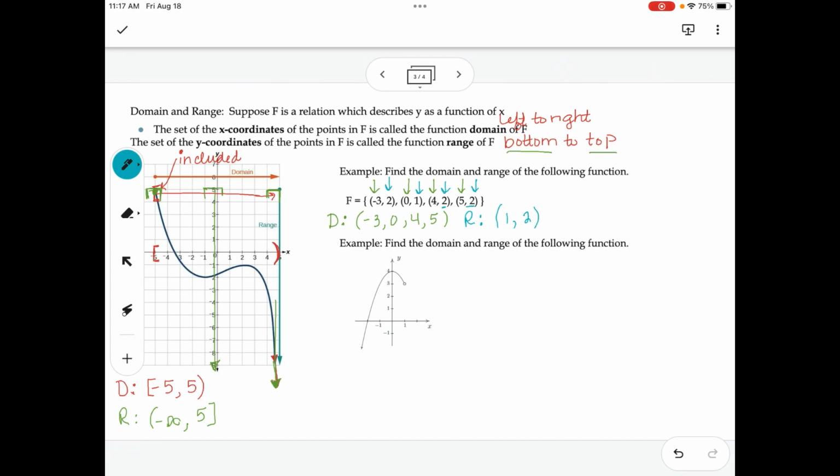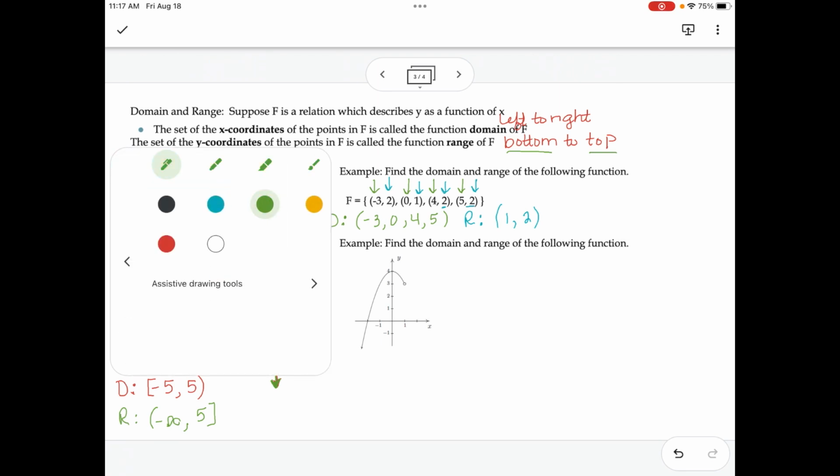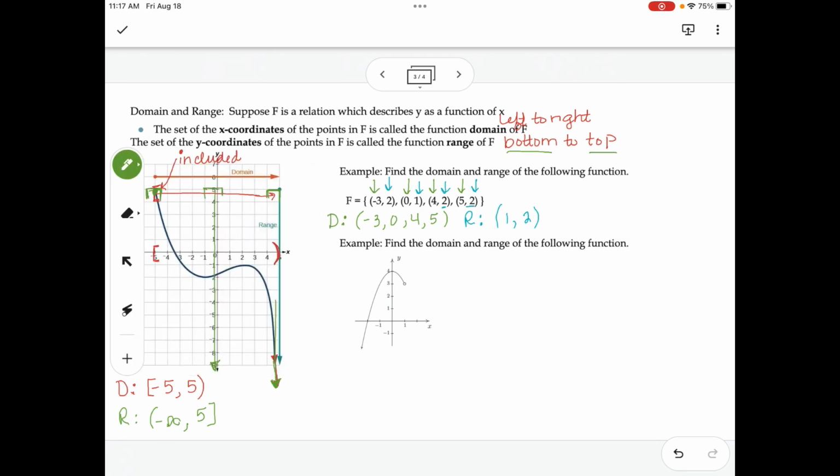Here's another picture, another graph where we have to identify the domain and the range. So our domain, again, is the set of x values. So if I look here, this graph is not only going down forever, but it's also going to be going down into the left forever. So when I'm thinking about my domain, I'm coming from the left and I'm coming all the way until I hit this point here.